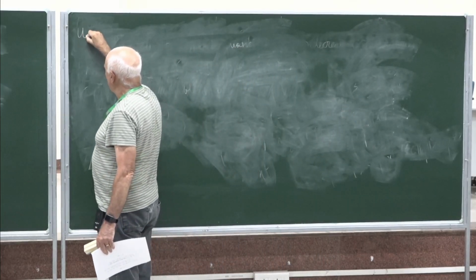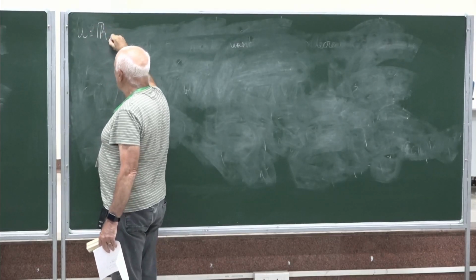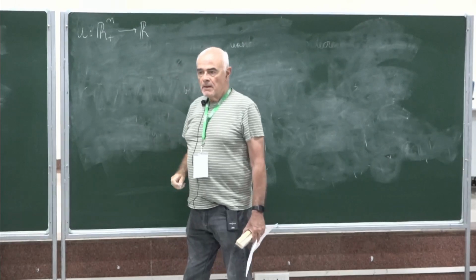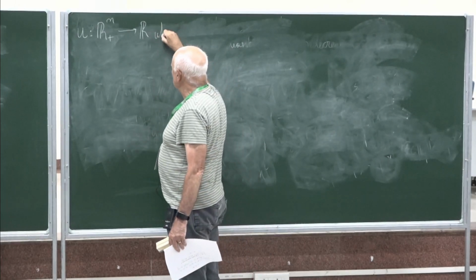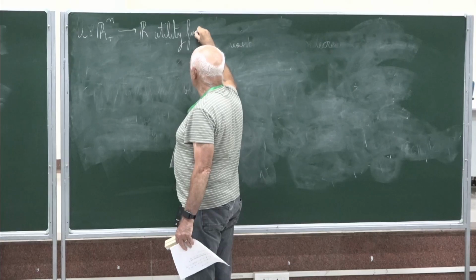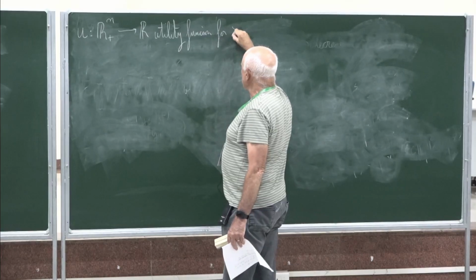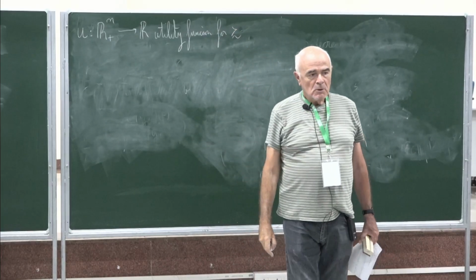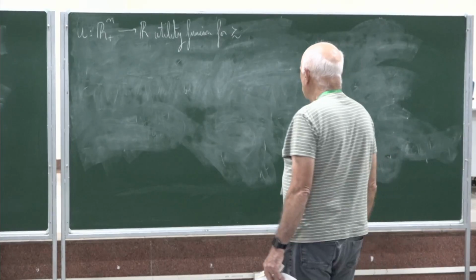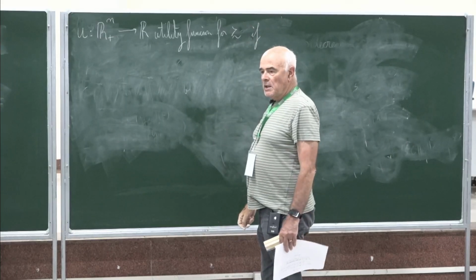So u, a function from R plus n into R, is said to be a utility function for this total preorder, or representing this total preorder, if the following equivalence holds true.